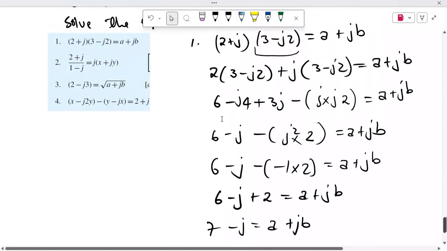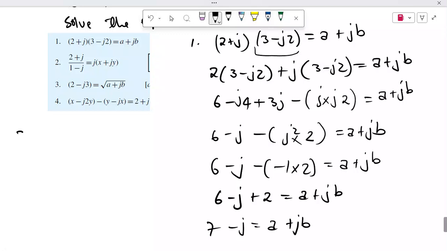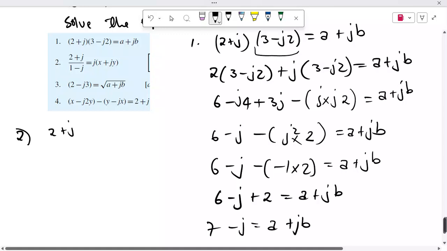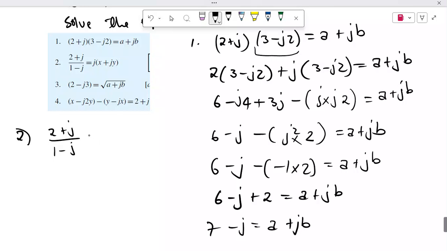Okay, so now let's go to number 2. Number 2, you have (2 plus j) over (1 minus j) equals j, then you have x plus jy. This is the same as over 1, so you can cross multiply.